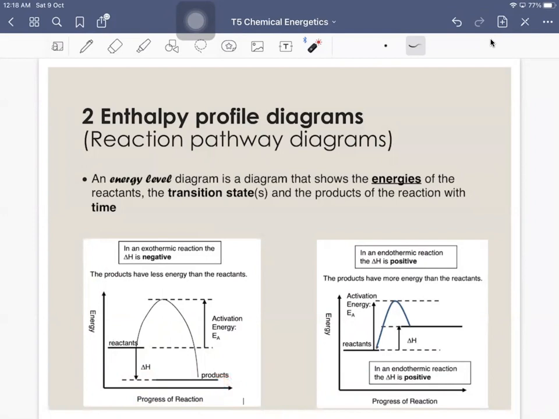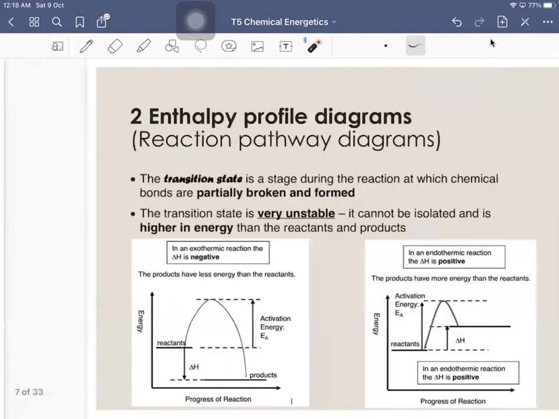An energy level diagram is a diagram that shows the energies of the reactants. So you can see the energy of the reactants and the energy of the products, okay, depending on the type of reaction. You will also see the transition state. Okay, so I'll talk about the transition state in the next slide.